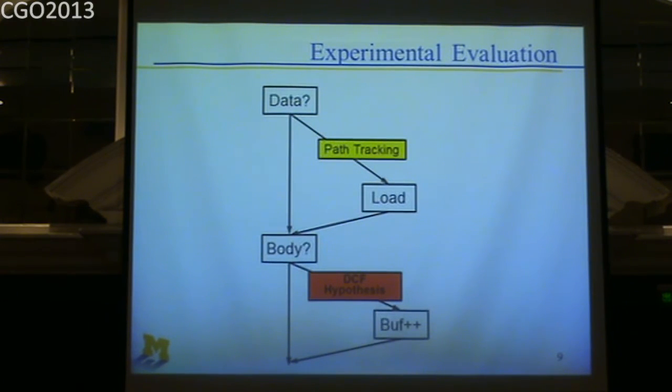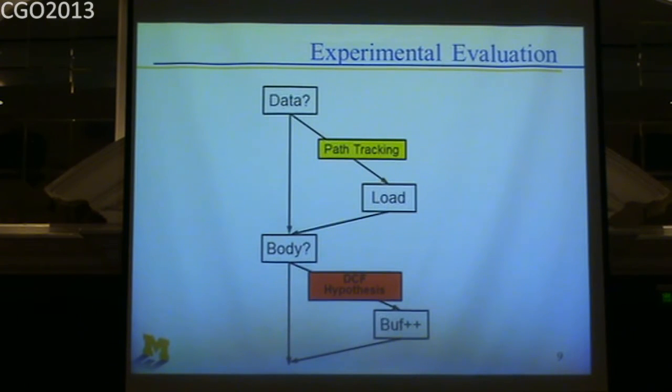Now, if after a long waiting period, the instrumented path, in conjunction with the dynamic control frontier hypothesis, are not executed, then the hypothesis is considered to be validated, and it will be added to the dynamic control frontier.